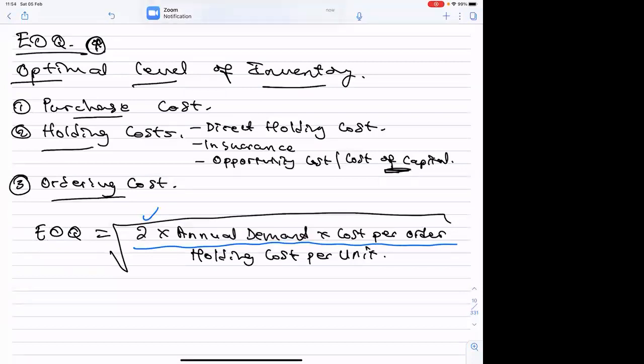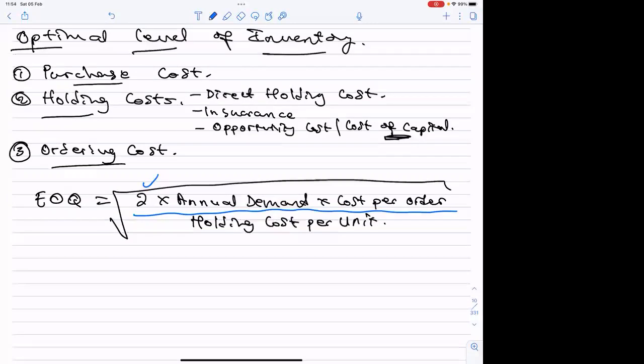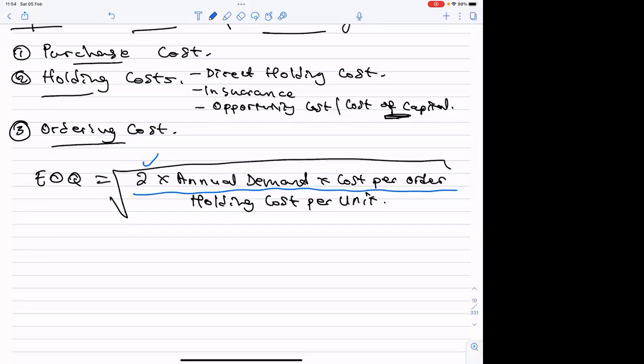Then when we are looking at the annual demand, we are simply saying that this is the inventory that is going to be used by the entity. Are we together? So if you are given a weekly demand, you have to check how many weeks there are in a year, so that in your formula you put annual demand.